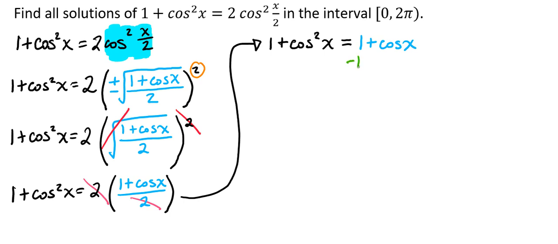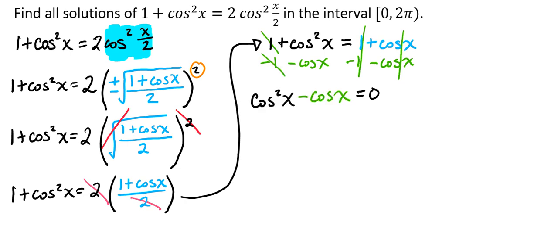We're going to subtract 1 from both sides, and we're also going to subtract a cosine of x. So those will cancel out. And as luck would have it, our 1's over here are going to cancel out. But our cosine squared of x and our cosine of x aren't the same, so they're not going to affect each other. So now we have the cosine squared of x minus the cosine of x equals 0.